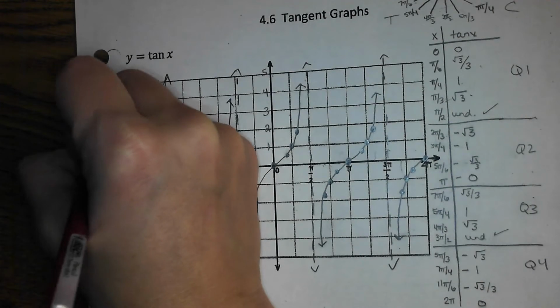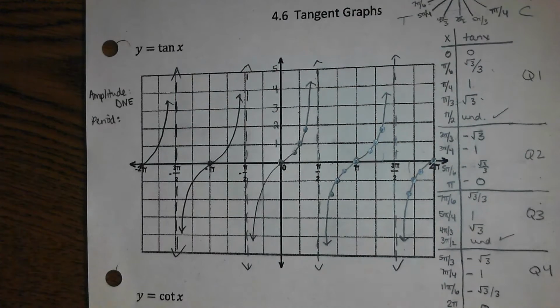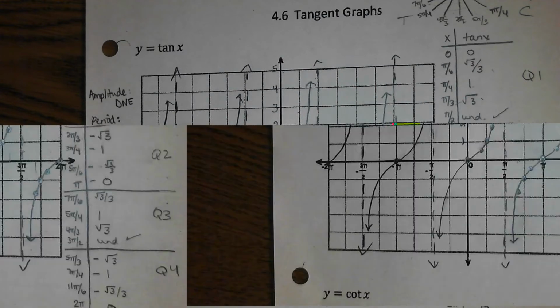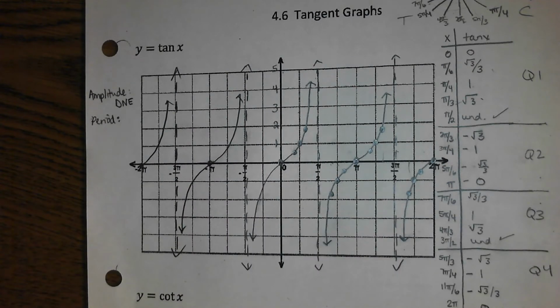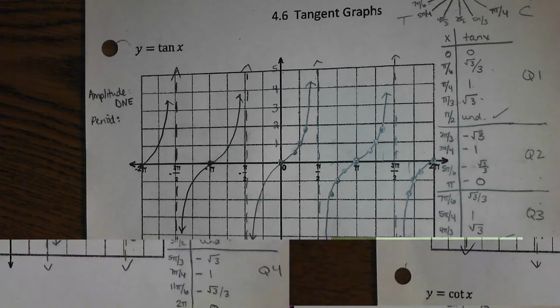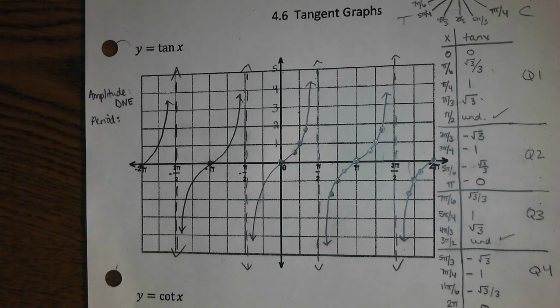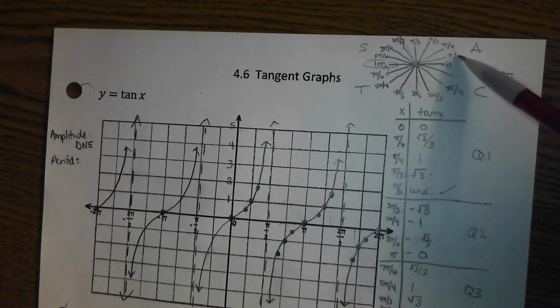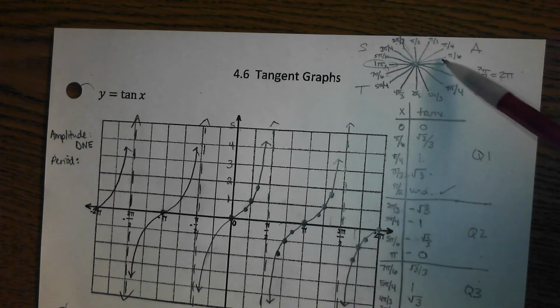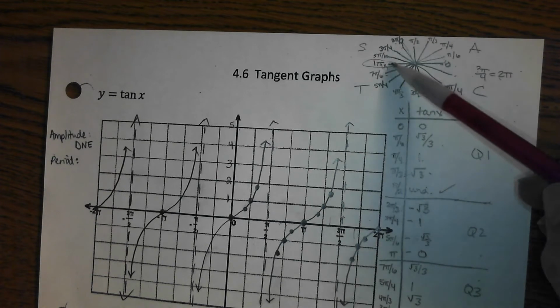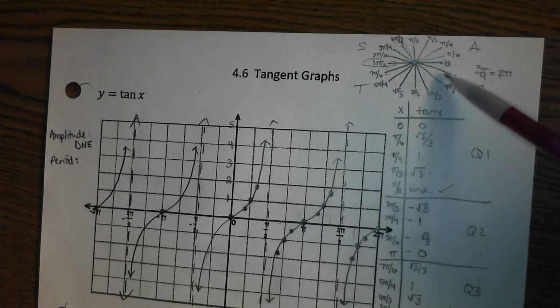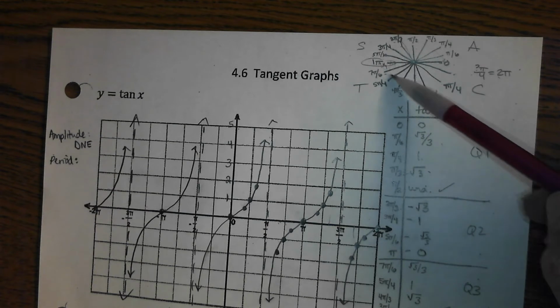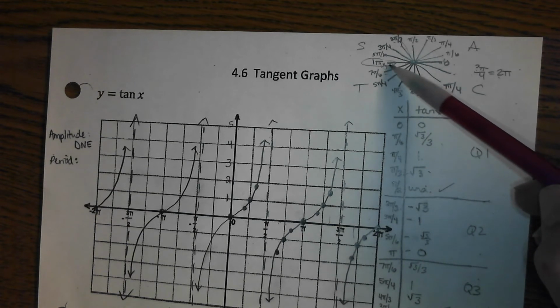It does have a period. What's the period, would you say, Connor? Meaning the length of space it takes for this cycle to repeat. Just pi, right. And that really is tied in with the fact that your quadrants are kind of opposite each other. So you have a positive quadrant, a negative quadrant, a positive quadrant, a negative quadrant. So it's already repeating once you get to the pi.